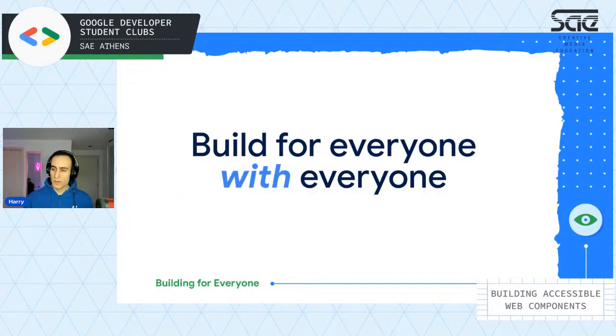Now we'll move on to the second best practice, which is the theme for this talk anyway: built in for everyone, but I will take it with everyone. I say this because it's very important to work with people that are using daily assistive technologies, or they might be struggling with some parts of websites in their daily use.